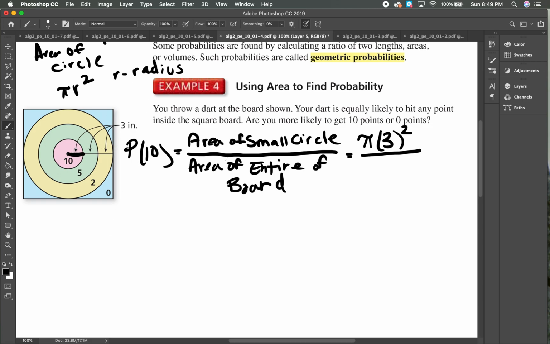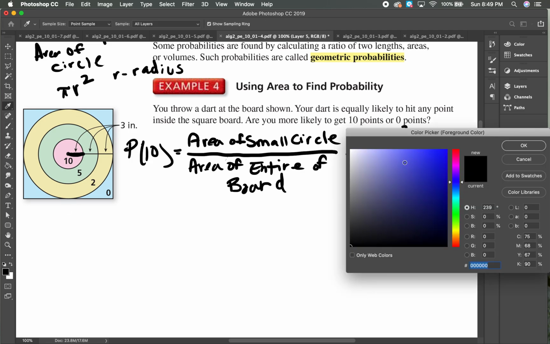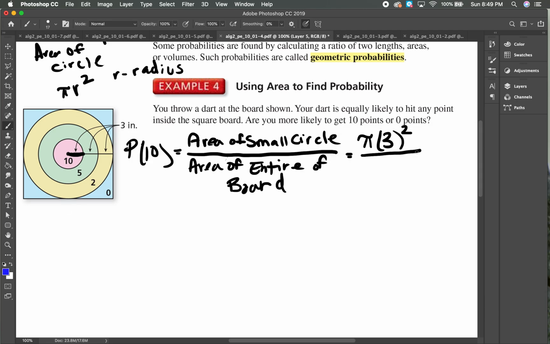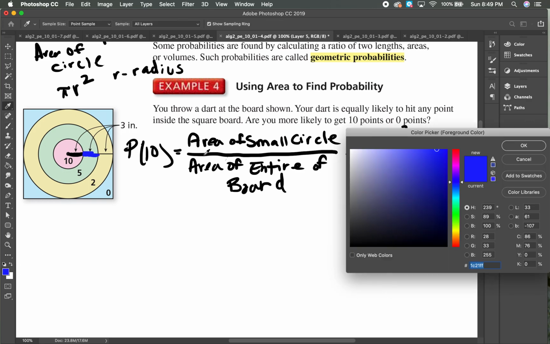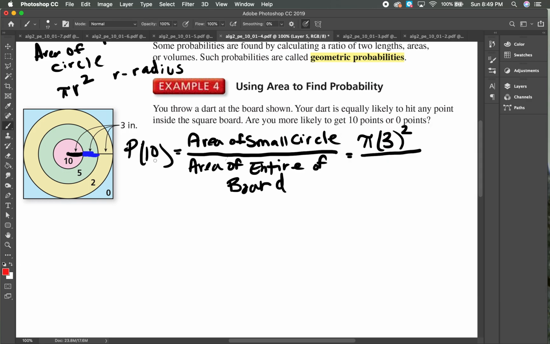So if this is 3, and this is 3, and this is 3, then that makes all of this 3 plus 3 plus 3, 9.